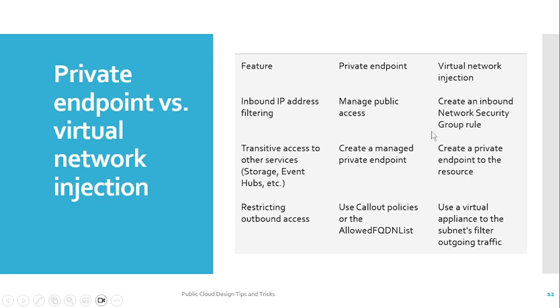And from the virtual network, as I said, with the NSG rules you can also filter your outbound traffic, and with the help of virtual appliances, you can cover the outbound traffic.